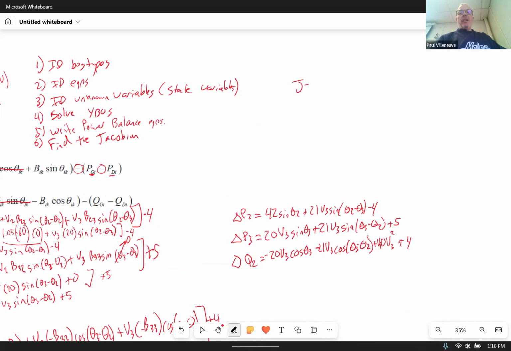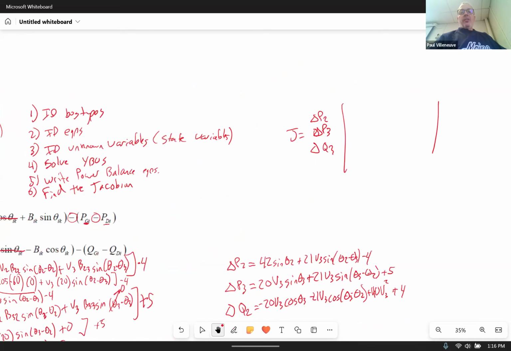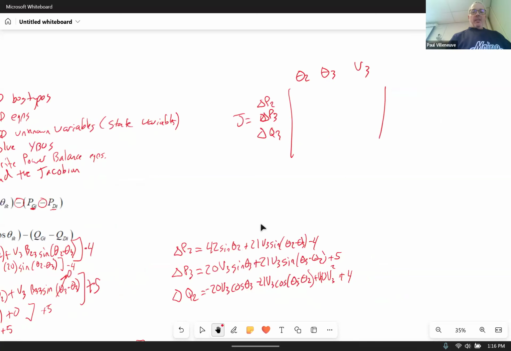So we know the Jacobian has the rows as shown, and the variables theta 2, theta 3, V3. So I know I have to take the partial of delta P2 with respect to theta 2, and on and on and on. So let's start doing those here.